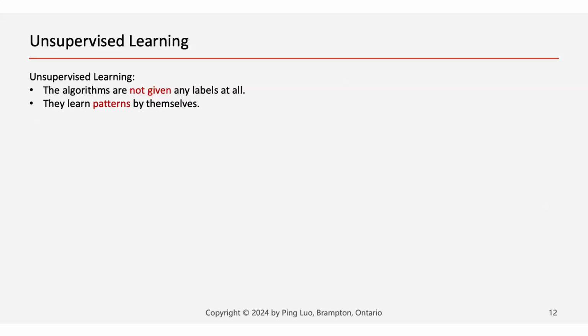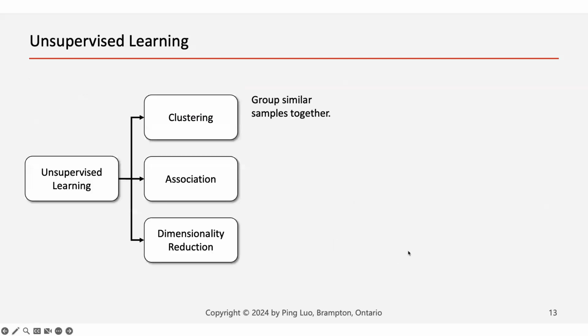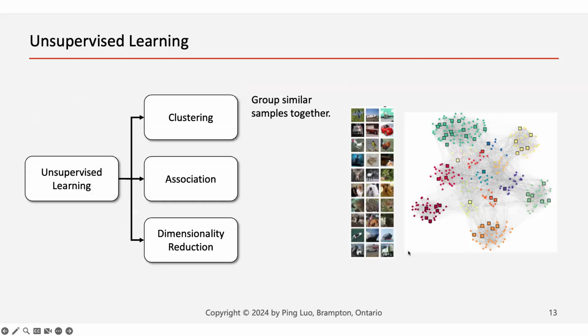Another type of learning is called unsupervised learning. The algorithms are not given any labels at all, and the model just learns by itself. Specifically, there are three types: clustering, association study, and dimensionality reduction. Clustering is an algorithm that groups all the samples into different categories based on their similarities.